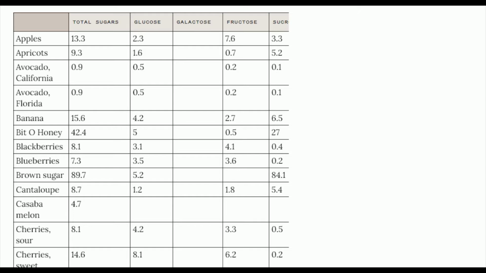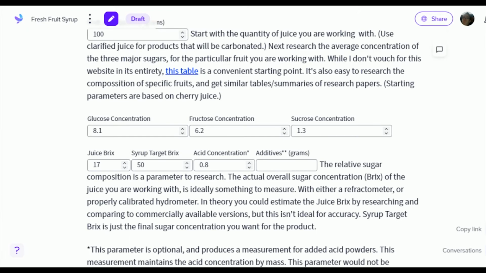So the important thing for this table, and actually any other data you look at for this type of calculation, is for now we are ignoring total sugar, and we really just want to pay attention to, again, those three specific sugars. And right now, the calculator is set to the numbers for cherry juice.